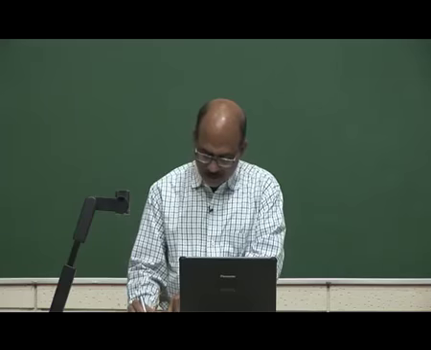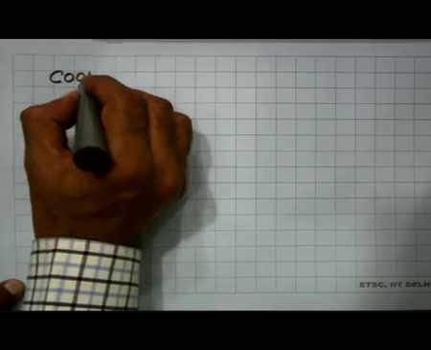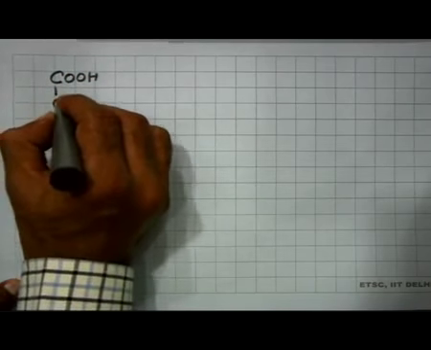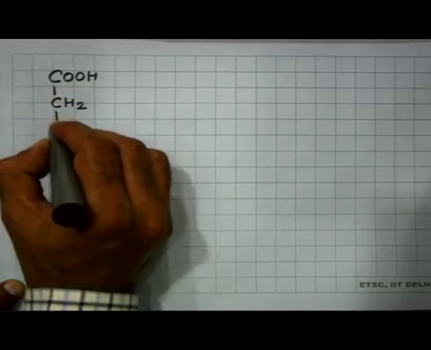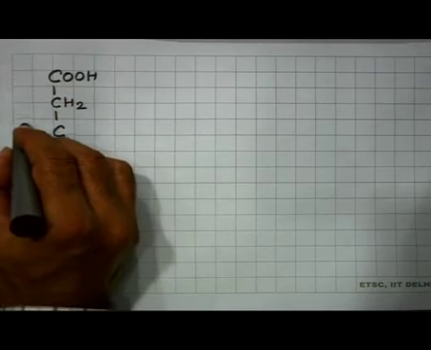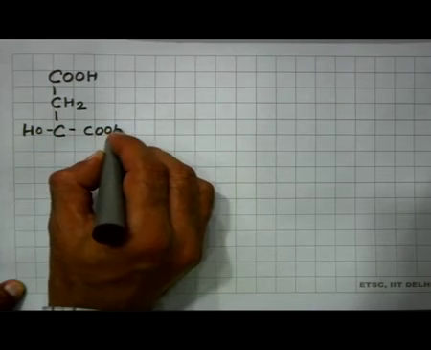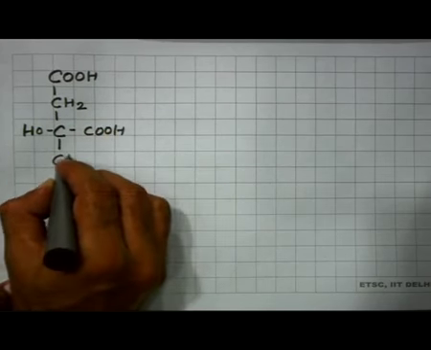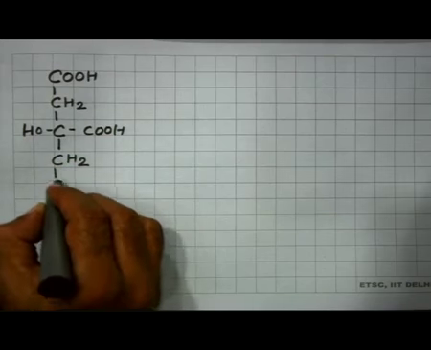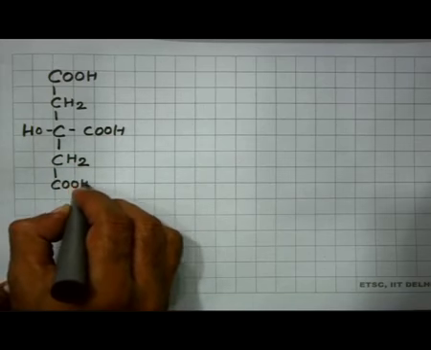Now, the structure is of this type: COOH, CH2, COOH, CH2, COOH.